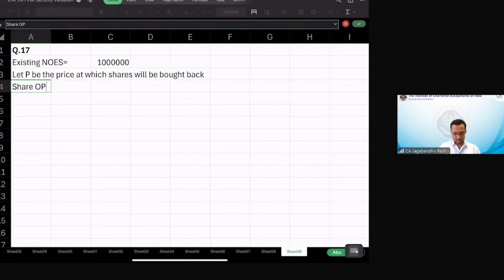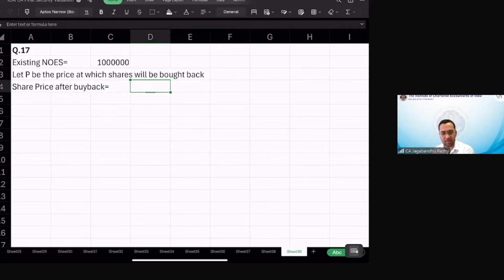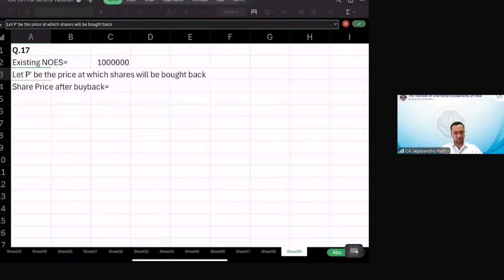If P is the price at which shares will be bought back, what will be the share price after buyback?